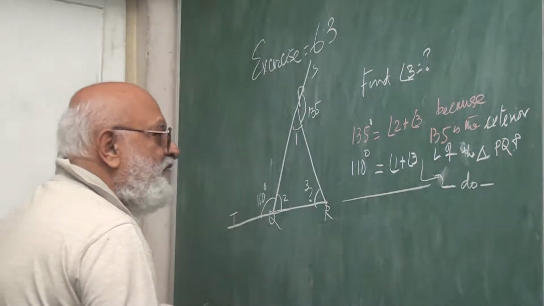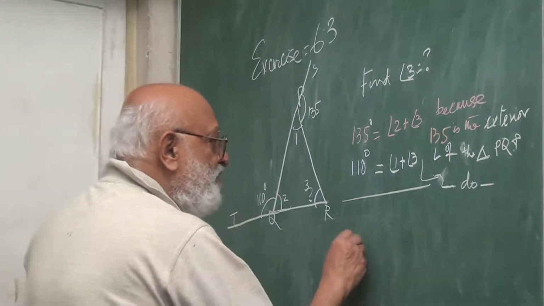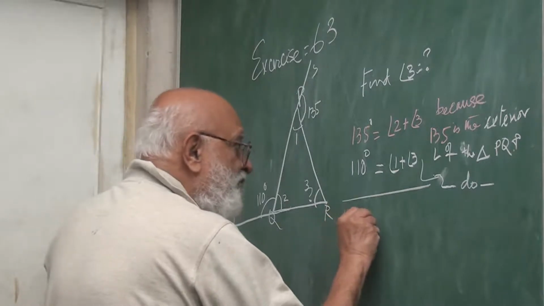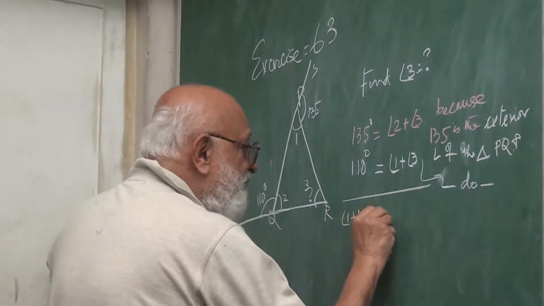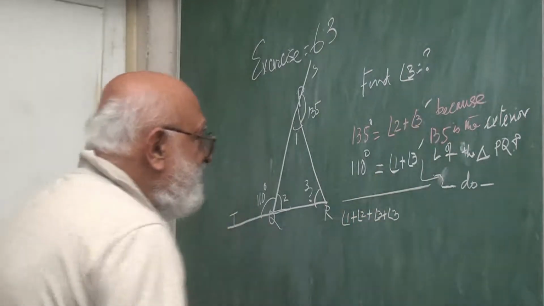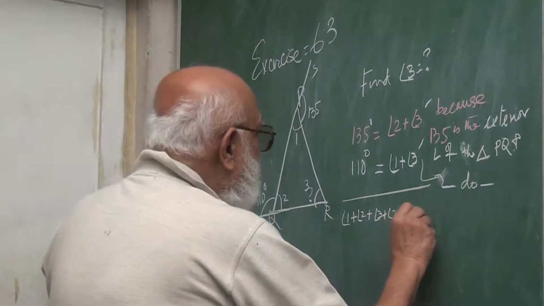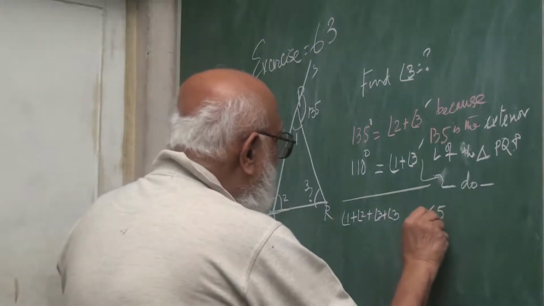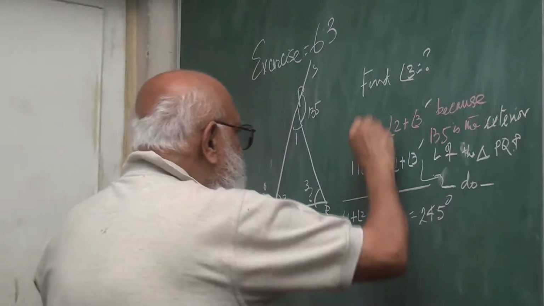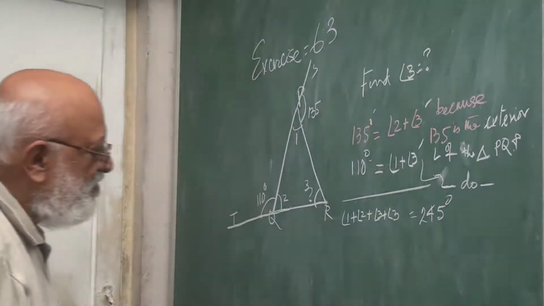So I will have angle 1 plus angle 2 plus angle 3 plus angle 3, because 3 has come twice, is equal to 245, because of the addition of these two.